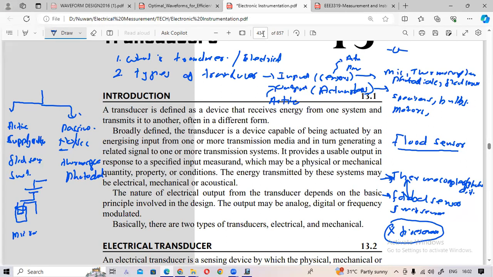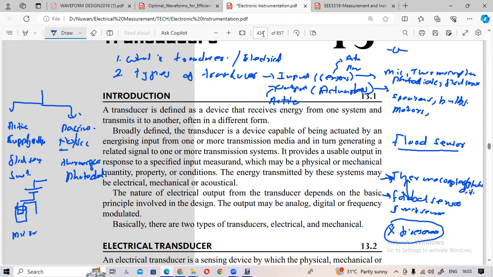So for active sensors, we need to give a supply, but for passive sensors, we need not give a supply. Examples are thermocouples, photodiodes, that kind of things. Examples for active sensors are flood sensors, smoke sensors.